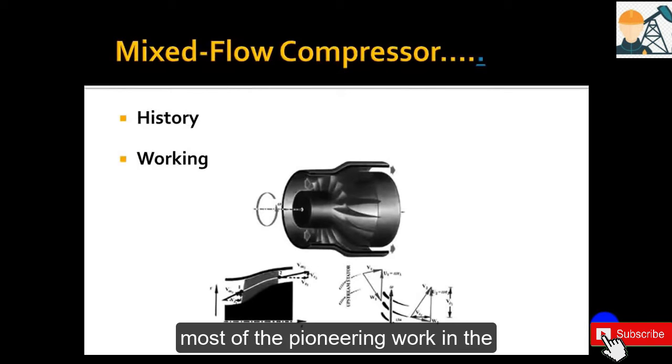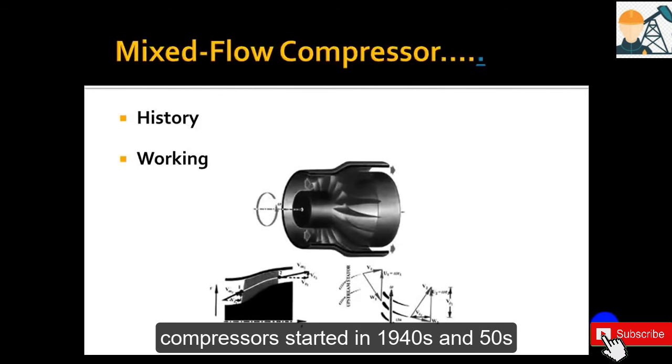Most of the pioneering work in the design and analysis of mixed flow compressors started in the 1940s and 50s. Work presented by Austin King in 1942 was probably one of the earliest works regarding mixed flow compressors.